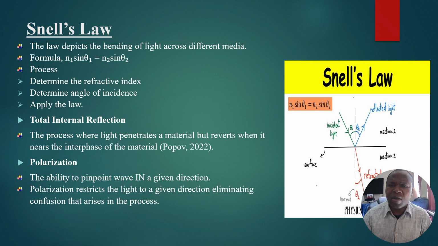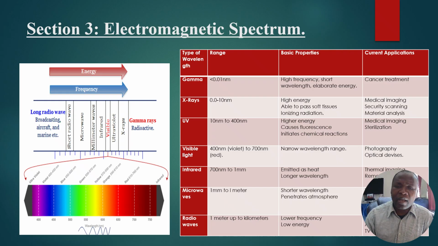On the other hand, polarization is the process that enables light waves to oscillate in a single plane, restricting their direction and thus eliminating the confusion that can occur in multiple wave oscillation. This characteristic is particularly valuable in reducing glare and enhancing contrast in various optical applications.